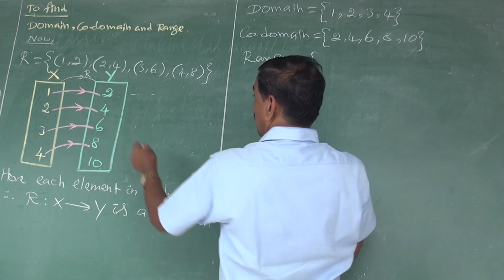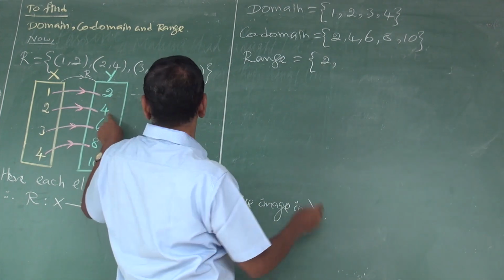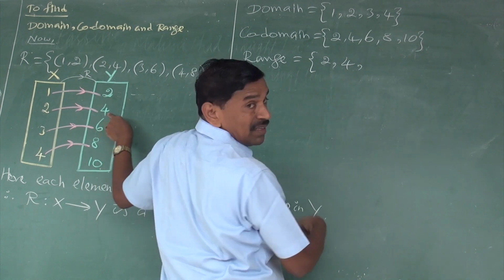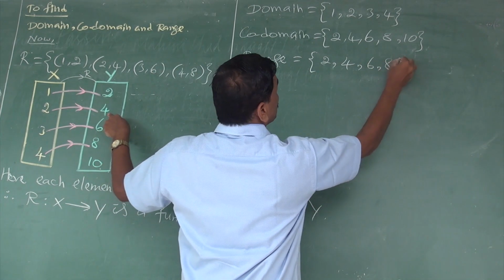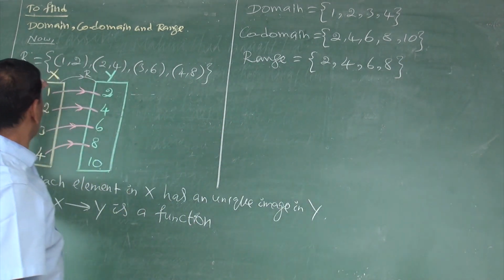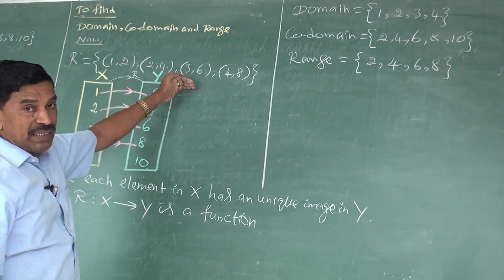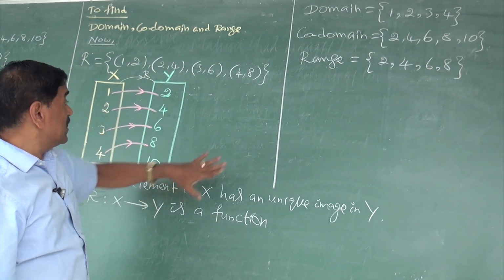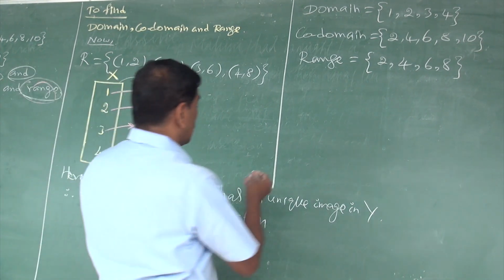So therefore range is equal to 2, 4, 6, 8. That's all. Again the conclusion is: domain is all the elements of the first set, codomain is all the elements of the second set, but range is the set of all images. Hence the answer.